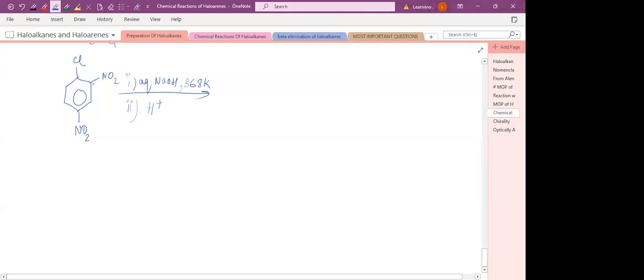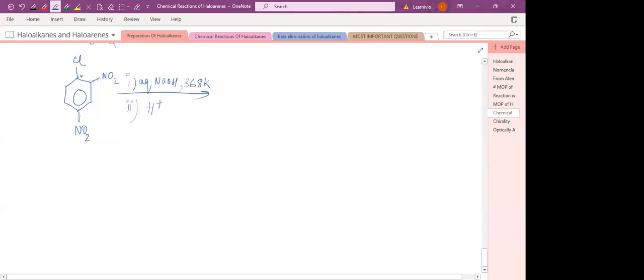Now, again what will happen? Again, this nitro group will pull all the electron density towards itself. Similarly, this nitro group, electron withdrawing group, right? So basically, there are two electron withdrawing groups, and they pull all the electron density towards themselves. Due to that, this carbon has a partial positive charge, right?